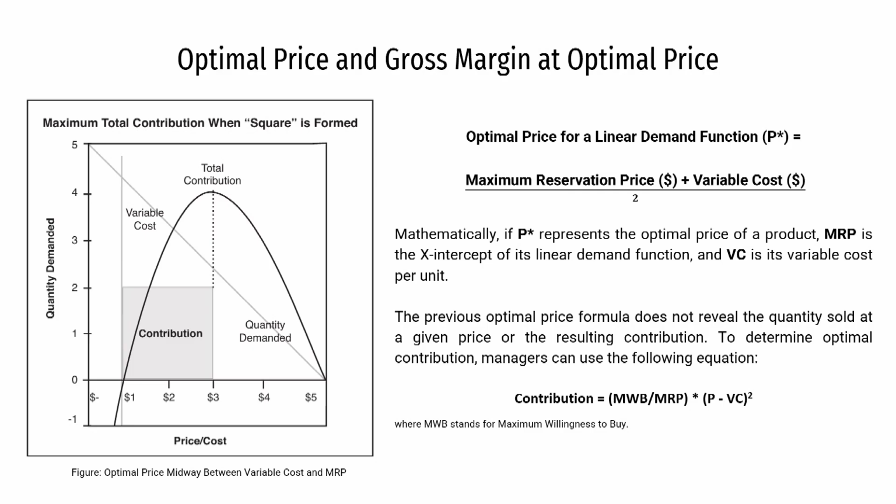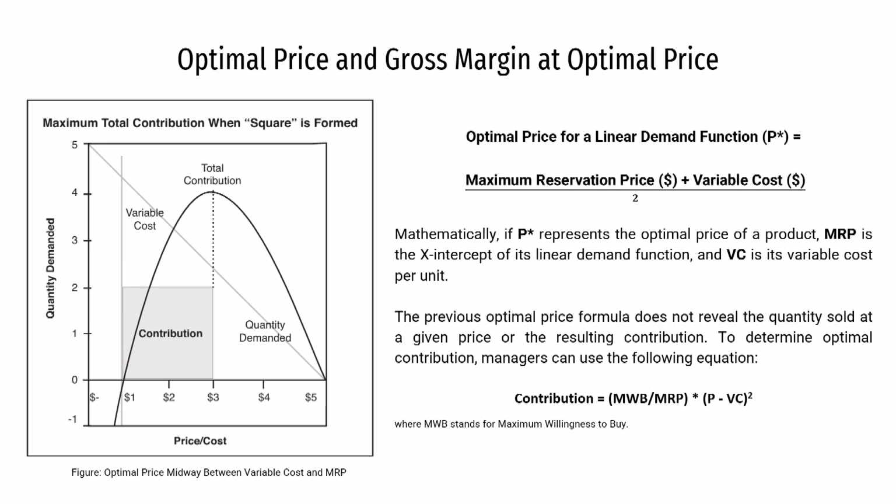Now, the previous optimal price formula does not reveal the quantity sold at a given price or the resulting contribution. To determine this optimal contribution, managers can use the formula given in the slide. Contribution we can calculate using MWB, that is, maximum willingness to buy, or the number of people who will buy the product given that the price of the product is set at 0.